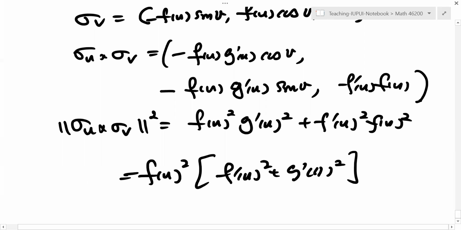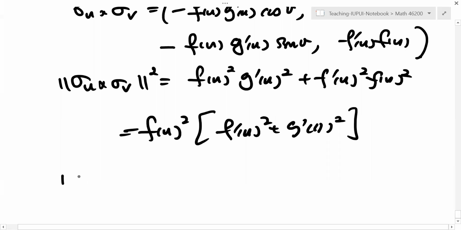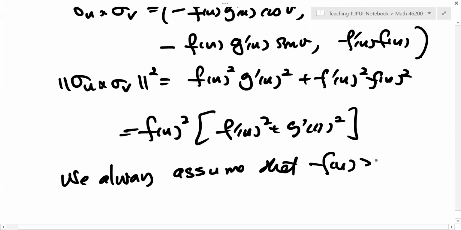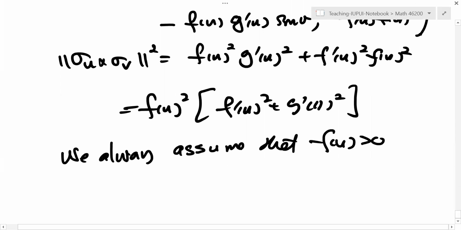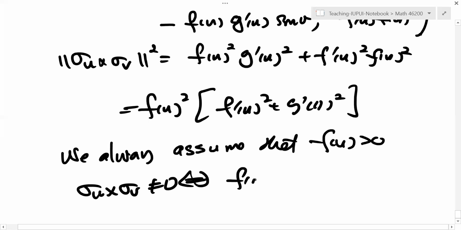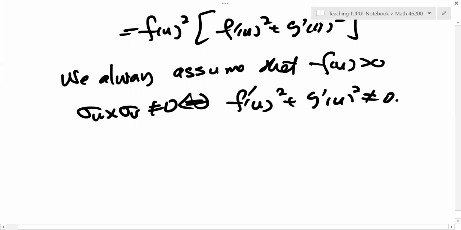So in general, we always assume that F of u is positive because we're going to rotate it along the z-axis. In this case, it's regular if and only if the derivative is not 0. So you determine the condition when it's regular.